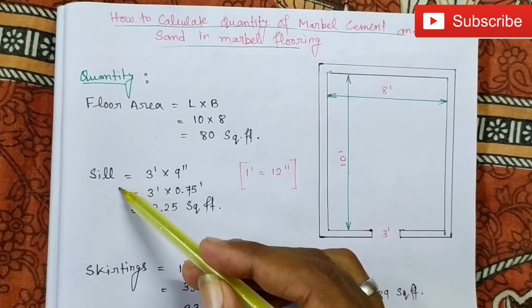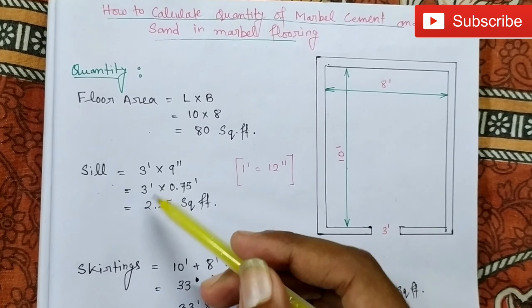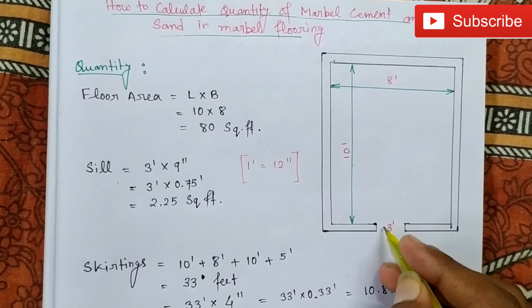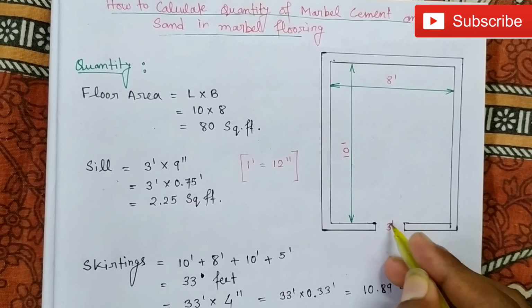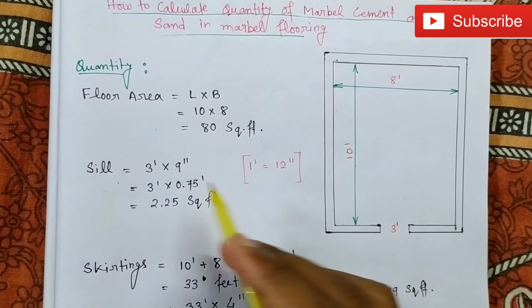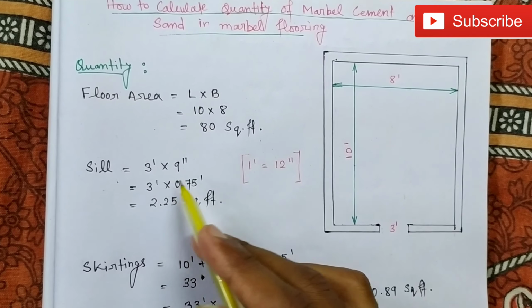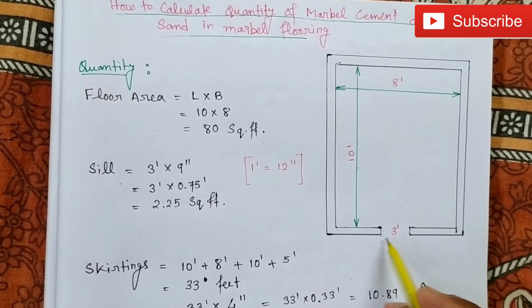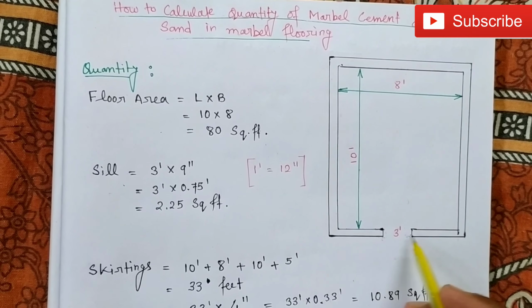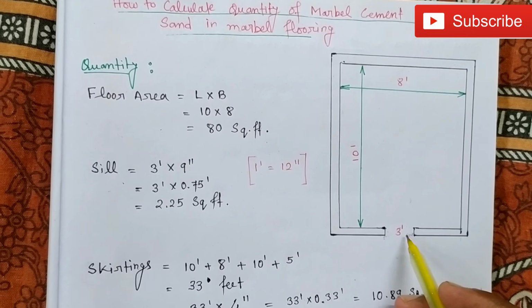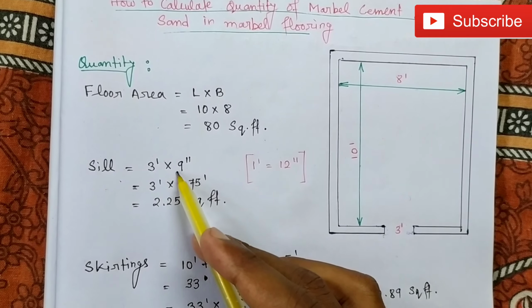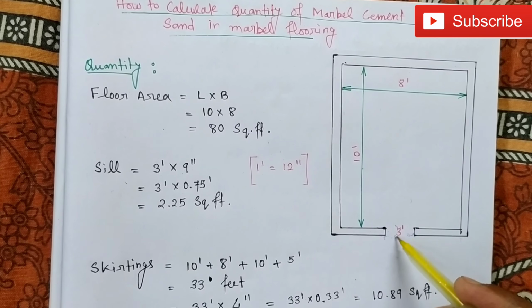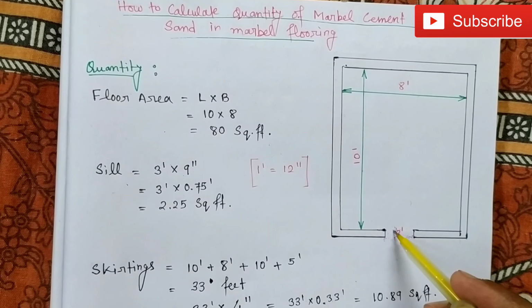Now we calculate the sill area. So what is sill area? Sill area is below the door. This is the sill area. For sill area we need to calculate the width of the door and the thickness of this portion, that means the wall portion.